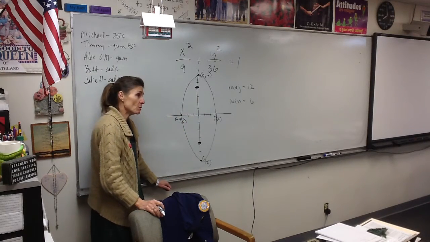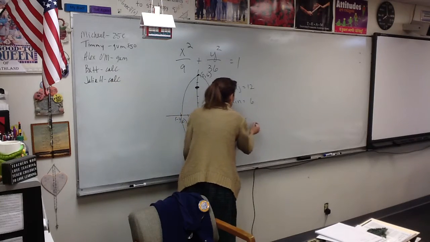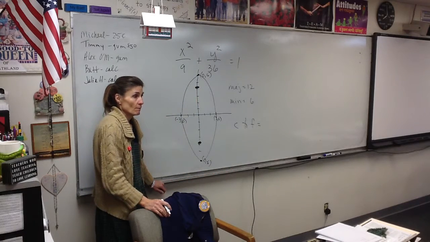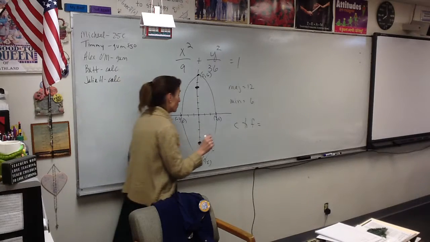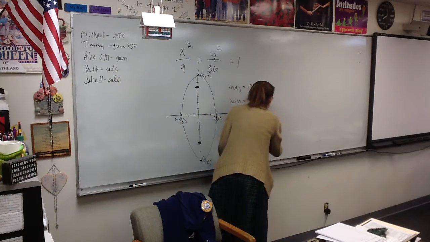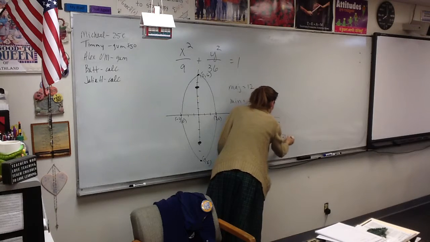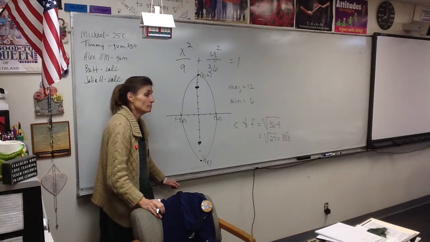Now, does anybody remember how we find the distance from the center to the focus? We subtract. So it would be 36 minus 9, and we take the square root of that. So that would be the square root of 27 or 3 root 3.